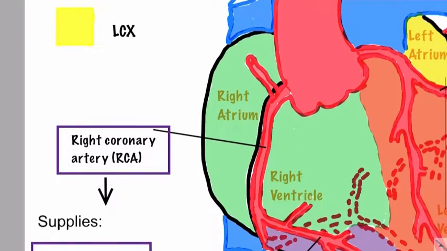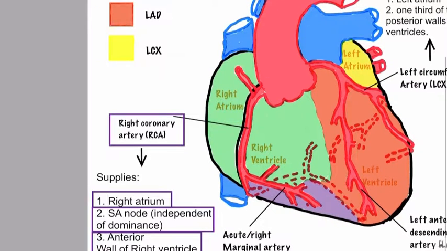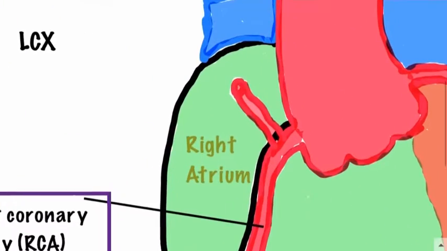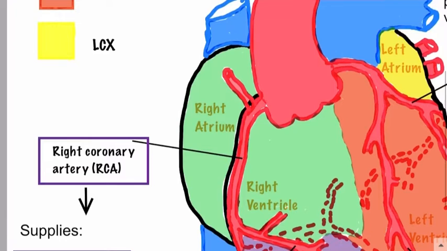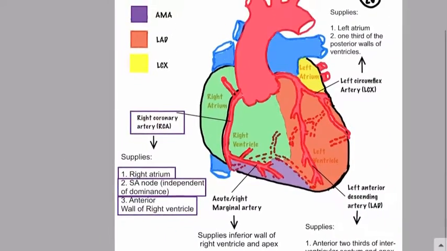If a person is right dominant or left dominant or co-dominant, the sinoatrial nodal branches will always come from the RCA. So the blood supply to the sinoatrial node is independent of the dominance.